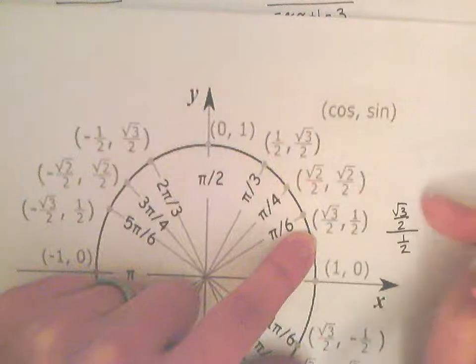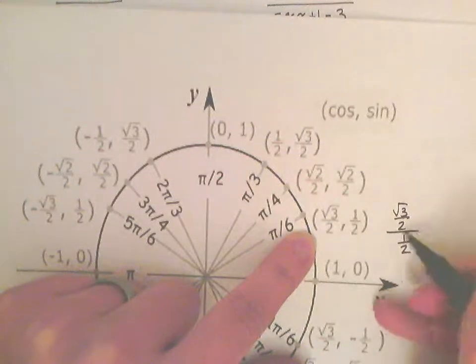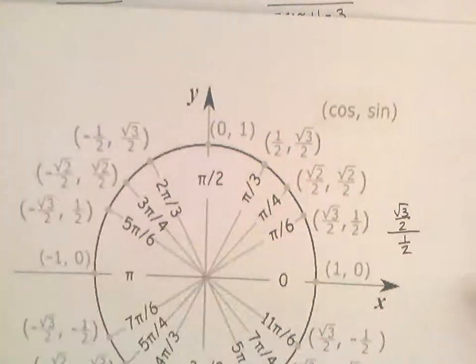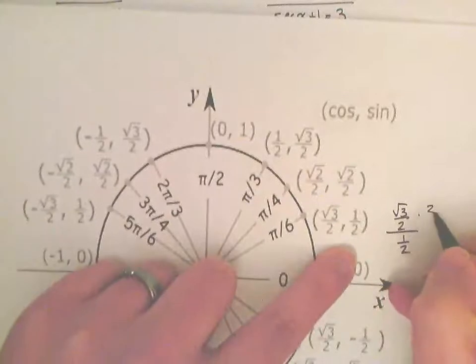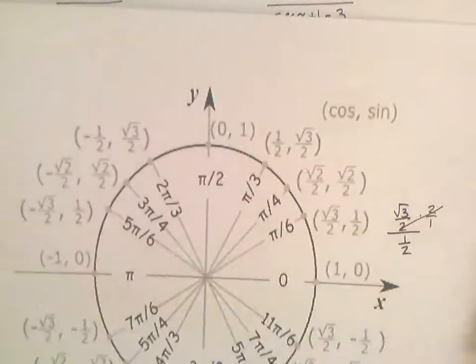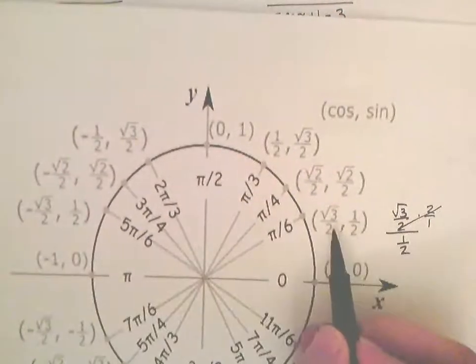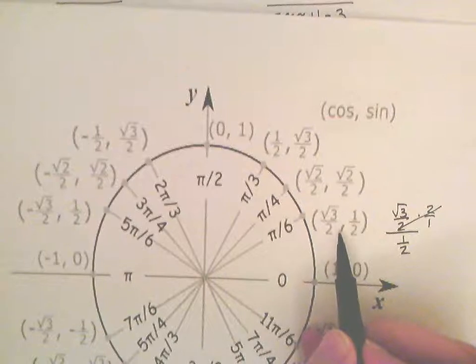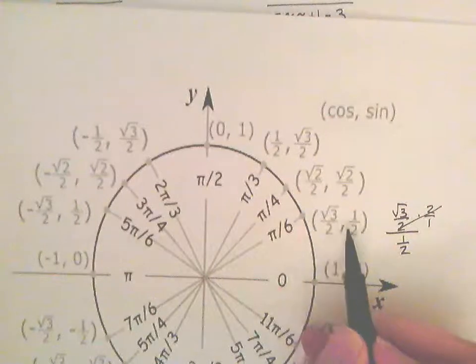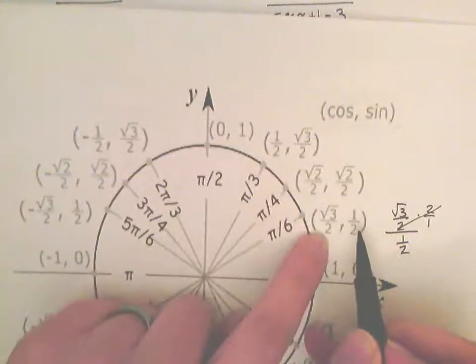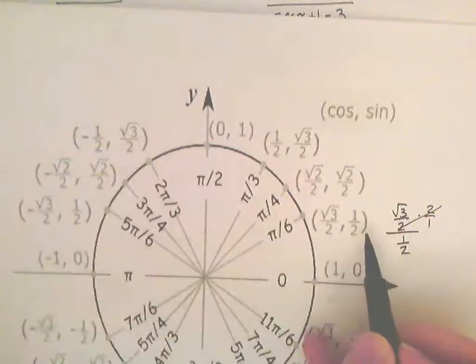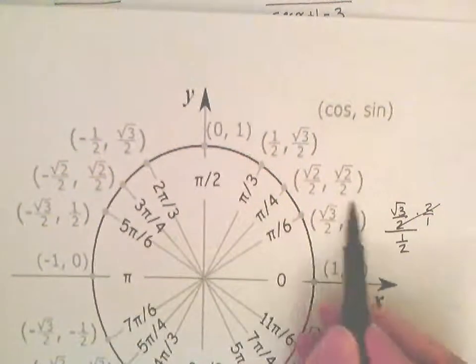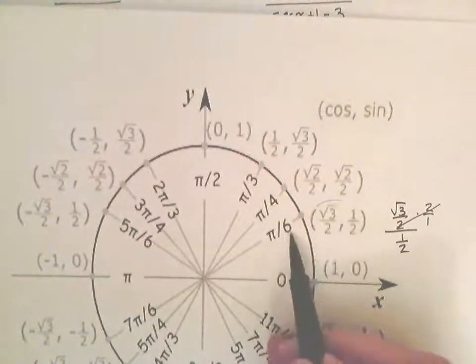And remember, when you flip the guy and multiply, you actually end up canceling out the 2's, because times 2 over 1, that's gone, so you end up with square root of 3. So basically, I now know that my answer is going to be square root of 3 wherever cosine is square root of 3 over 2 and sine is 1/2. And that happens here at pi over 6.